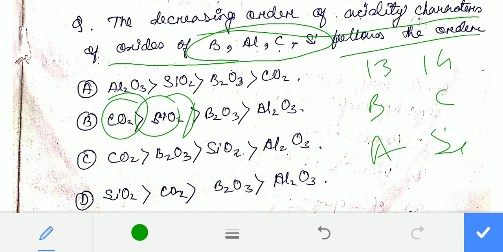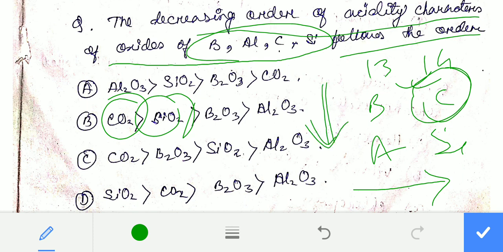We know that along any period, electronegativity always increases. Therefore carbon will be the most electronegative among these four. Then down the group electronegativity decreases, so silicon will be less electronegative than carbon, and also than boron.